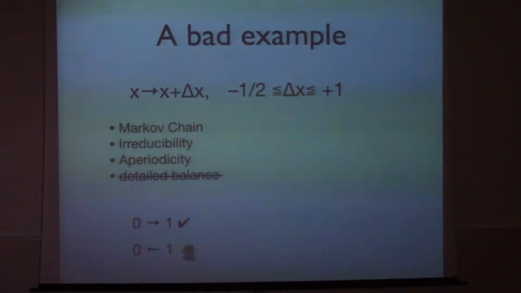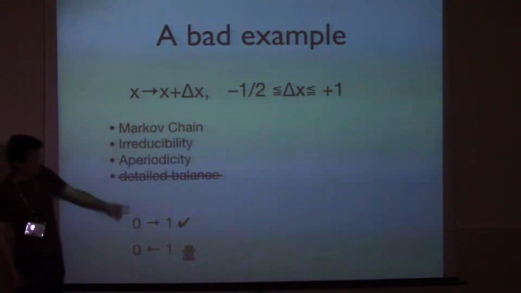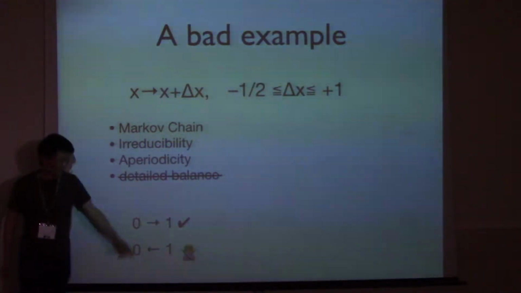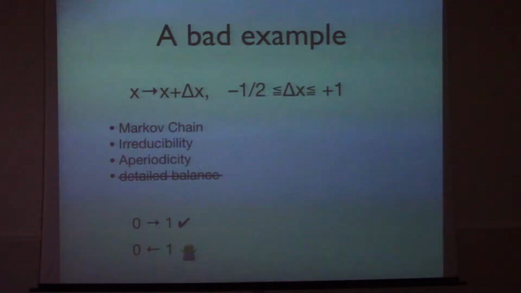Actually, the detailed balance condition is broken because this allows us to go from 0 to 1, but 1 to 0 is forbidden. If you go back a few slides and see how we check the detailed balance condition, you can see that it is not satisfied here.